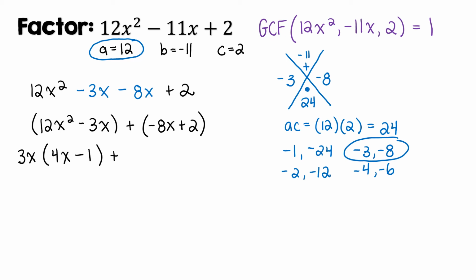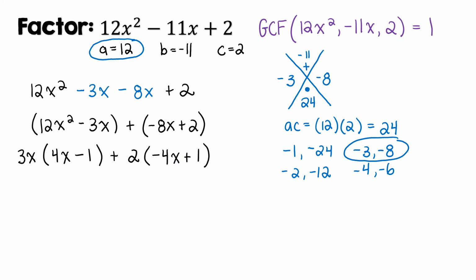Plus, now I'll look at this negative 8x plus 2. The greatest common factor between negative 8x and 2 is 2. So I have 2 times negative 4x plus 1. But when I look at this, I have this negative 4x. I don't want to be left with a negative 4x.